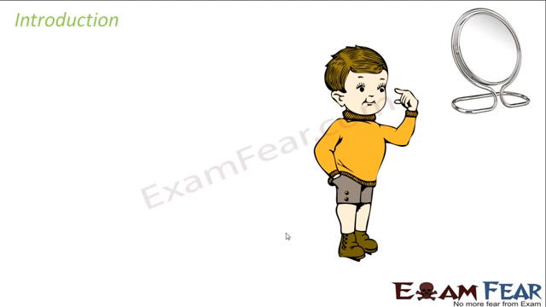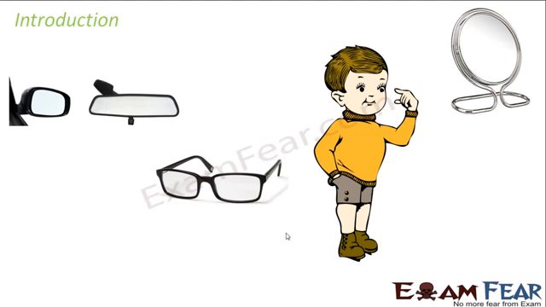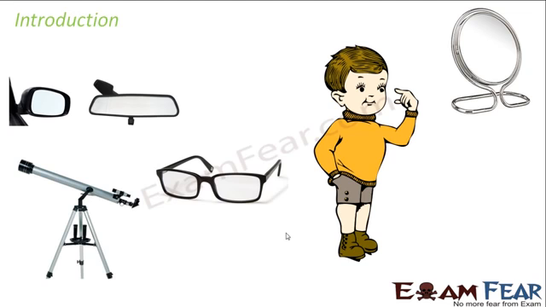For example, a mirror which we use at home daily also uses the principle of the reflection of light. The spectacles which you wear, or maybe the rear view mirror in your car, on the right hand side of the driver's seat, so that you can see the traffic which is coming behind. All these are applications of reflection of light.